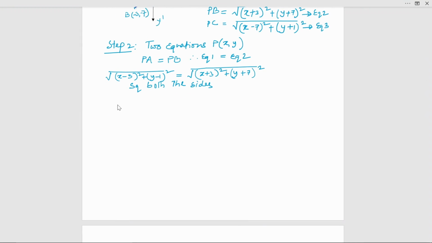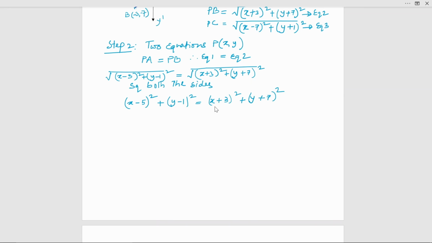So what we'll get? We get (x − 5)² + (y − 1)² = (x + 3)² + (y + 7)².